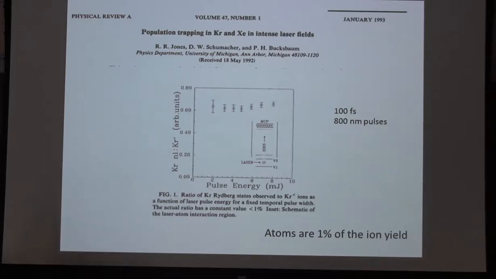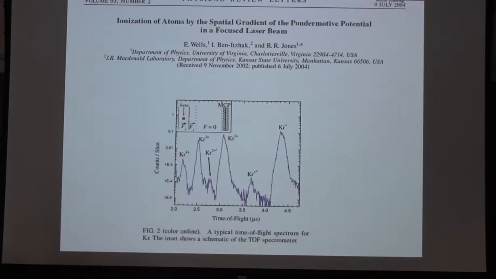And it's not even confined to just singly ionized species. In an experiment done about 10 years ago, Bob, Eric Wells, and Nitzik observed these Rydberg states converging to the different ionic states of krypton plus.